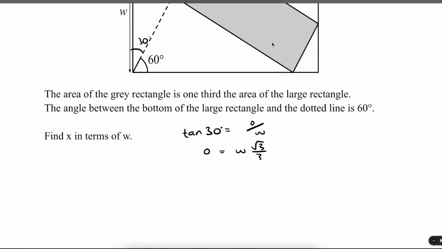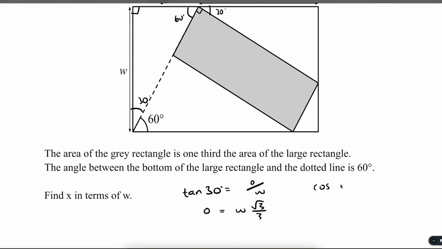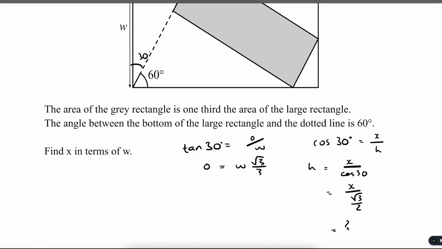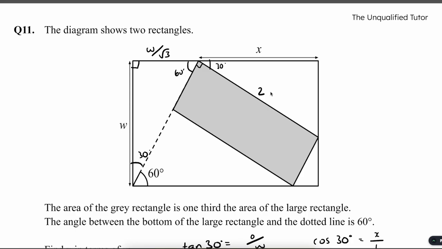We would use cosine. So cosine 30 degrees is equal to adjacent, which is x, over hypotenuse, h. So h equals x over cosine 30. Cosine 30 is root 3 over 2, so x over root 3 over 2. So it's 2x over root 3. So we'll put that in. 2x over root 3. So that's that length there.